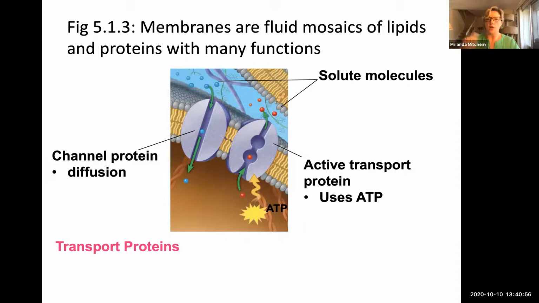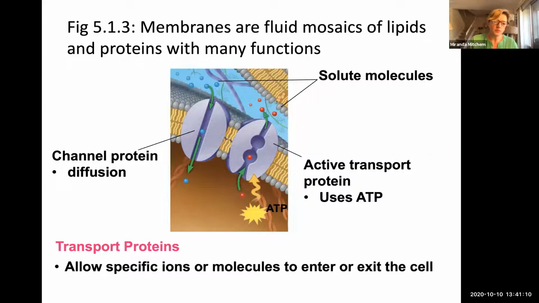And since we're talking about proteins, they have the ability, again, to be very specific. You're not seeing the blue go through the active transport channel or vice versa. So transport proteins do allow specific molecules and even ions to enter or exit the cell.